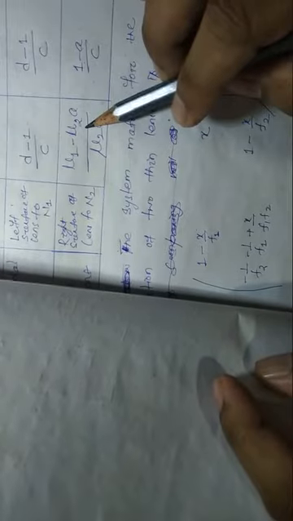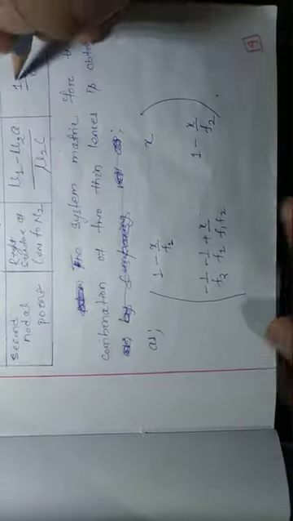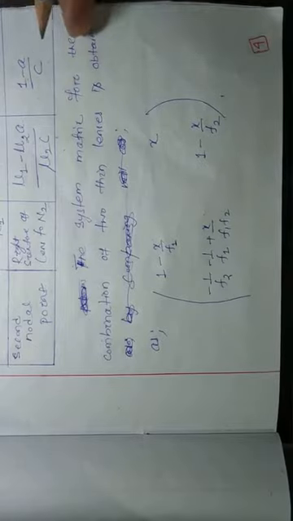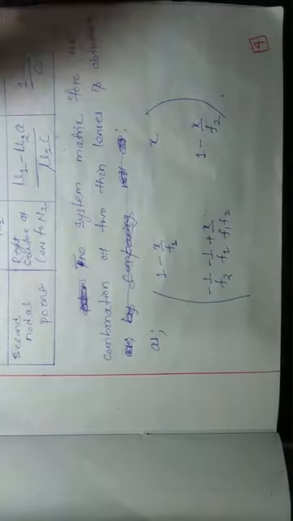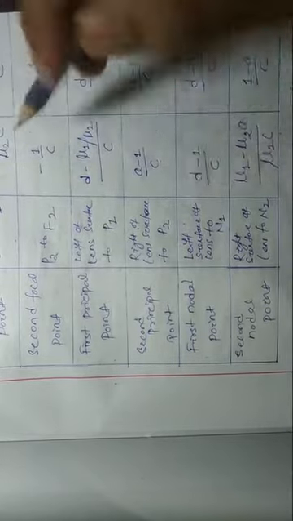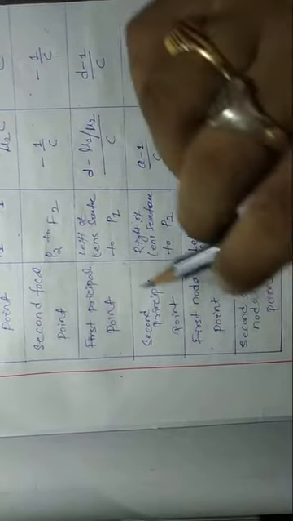Same thing, mu1 minus mu2 a by mu2 c. If mu1 equals mu2, then it will be 1 minus a by c. So these are the general formulas we got when we discussed the thick lens.